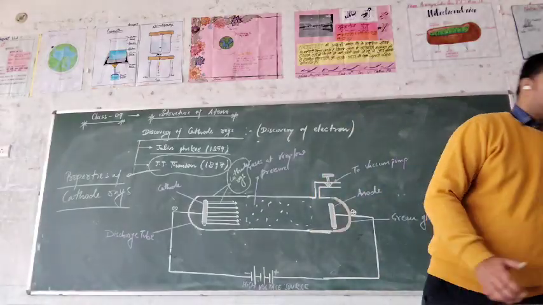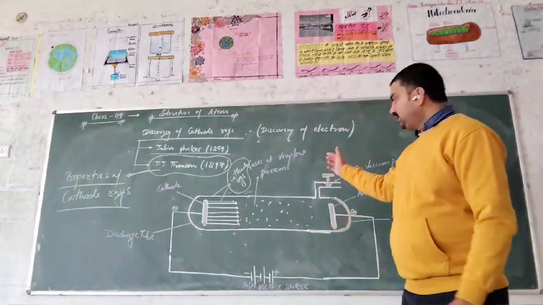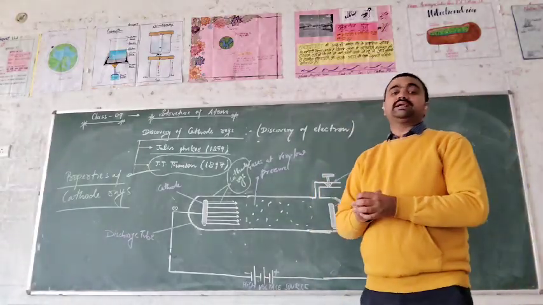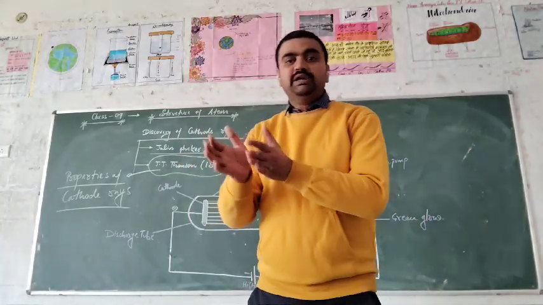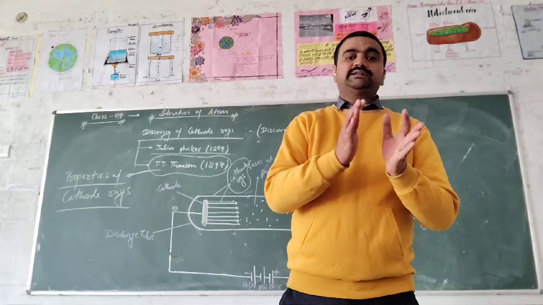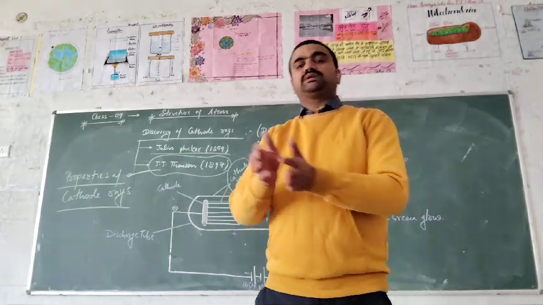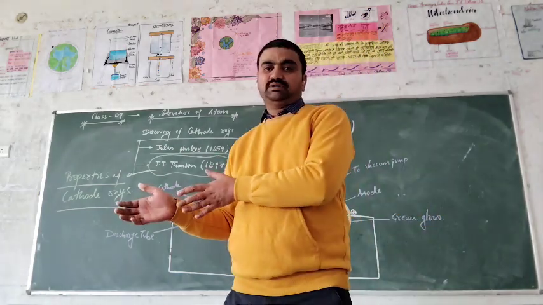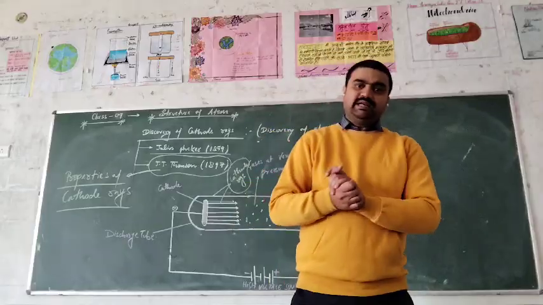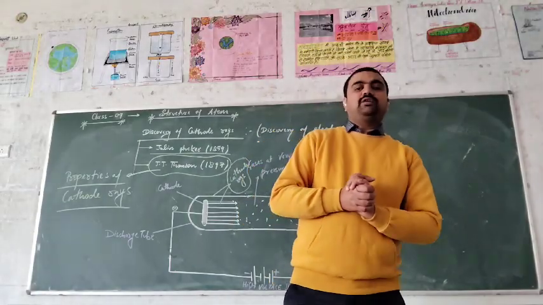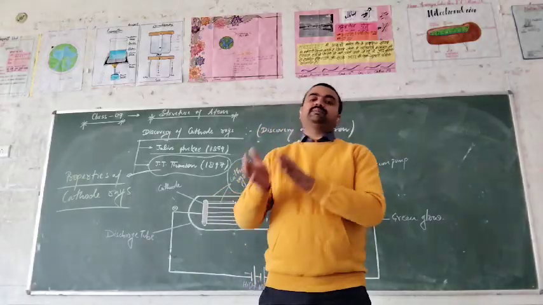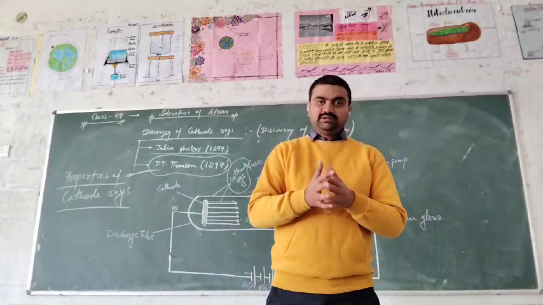So I hope it is clear how this discharge tube experiment leads towards the cathode rays, and these cathode rays lead us to the electron. In this way we can easily understand the discovery of cathode rays and the discovery of the electron.